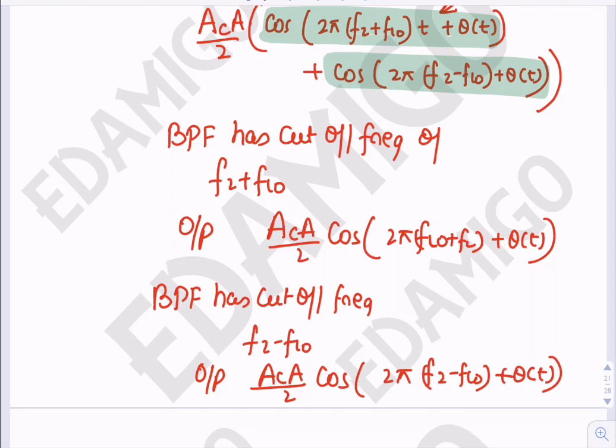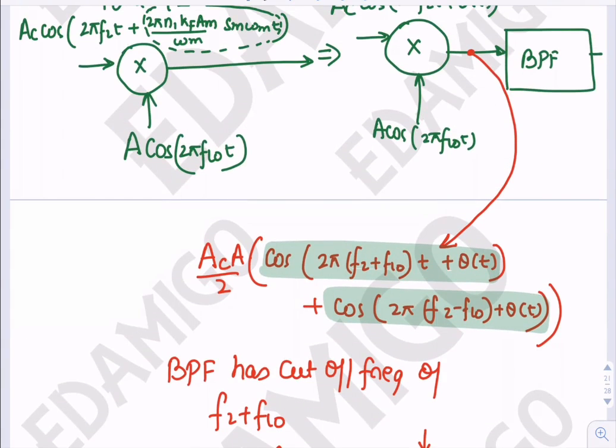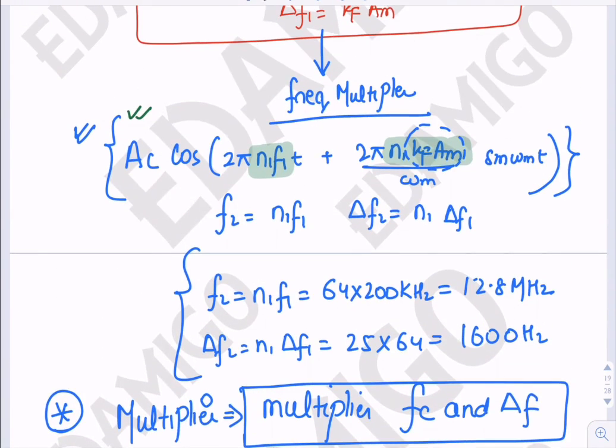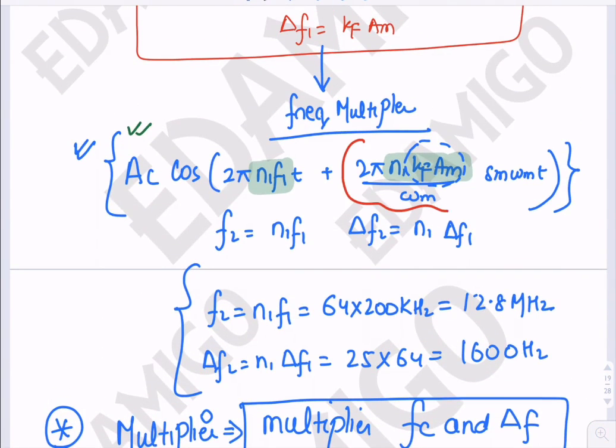The important point here is that the output will have change in the carrier frequency only. But the theta t will remain the same as that of the input to the mixer. The input to the mixer had this theta t term, so the output is also a frequency modulated signal having the same theta t, only the change in the carrier frequency.